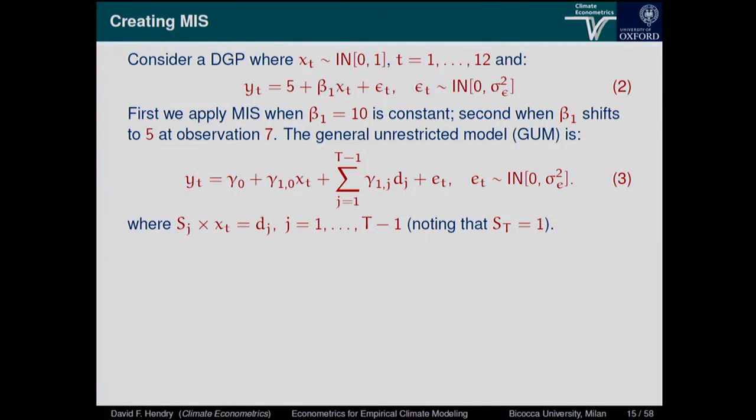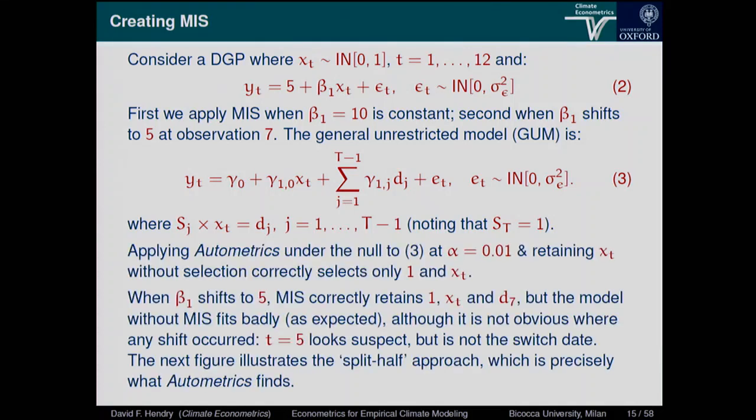And then we set up our general unrestricted model, which includes x, and then includes all the interactions between the steps and x, which I've called dt. And we put in, you can actually get off with t minus 3 of them because you don't need one necessarily for the overall level, which is retained throughout, and you may not need one for the intercept period.